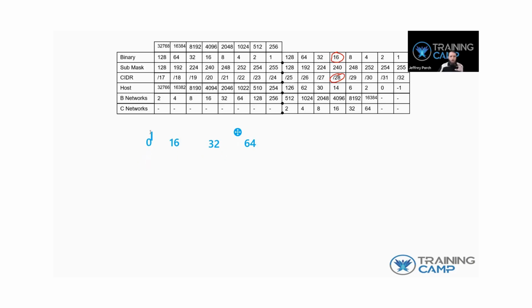I can go in and look at it and say, okay, well, 0, 16, 32. Let's actually add 48 in there because we're counting by 16, not doubling. What I can do is use these to create ranges and say, if this range begins with 16, this range is 0 through 15.